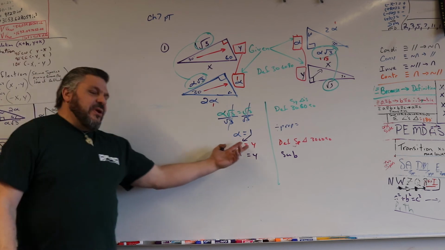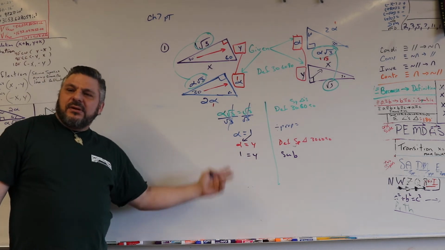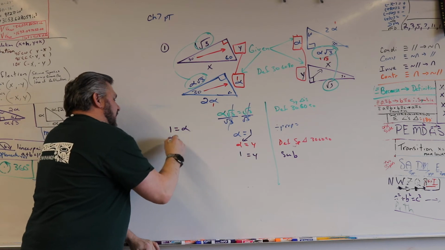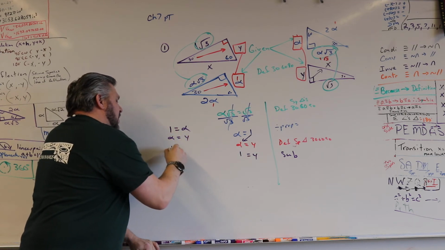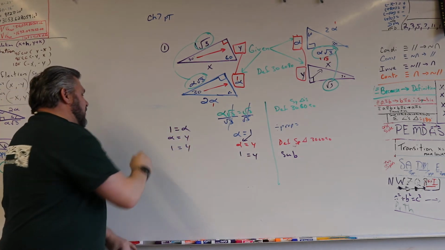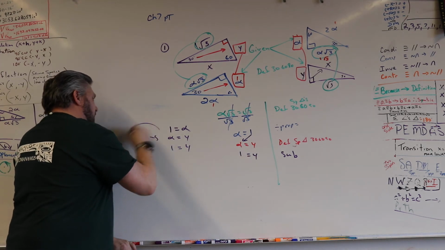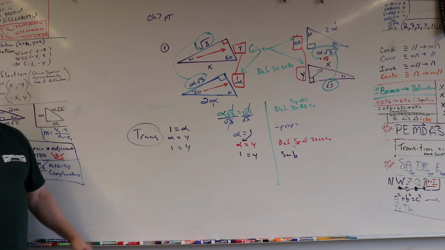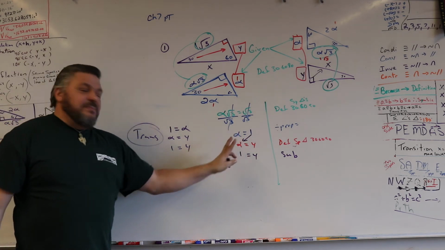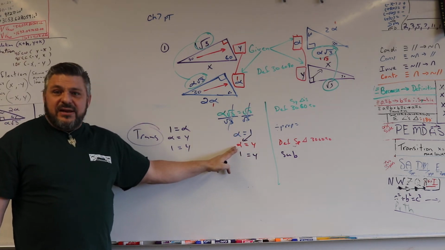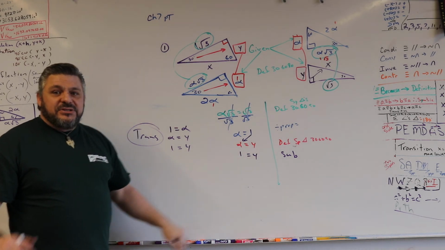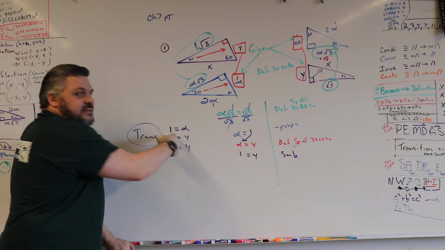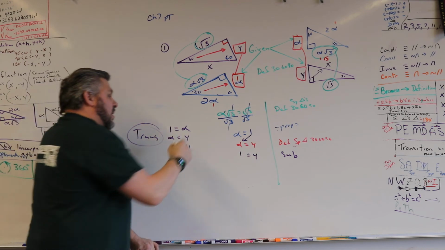Now, if I would have written these better, let's say I would have written 1 equals alpha, and then alpha equals y, then 1 equals y. That would be transitive property, right? So if you're doing the state test, you might want to switch this around before you do this one, right? Because if you switch it and go, oh, then I switch this to this, right? What's that called?